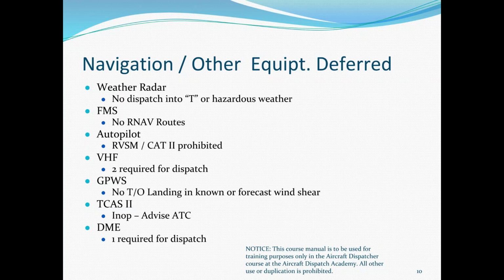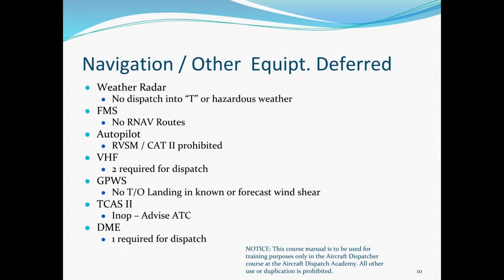If a GPWS is out of service, can't do any takeoff or landing in known or forecast wind shear. And we'll talk a little bit more about what wind shear is, but if our TCAS is inop, basically we just have to advise air traffic control, and the way we do that is in our strip, in the flight plan strip that we send them.